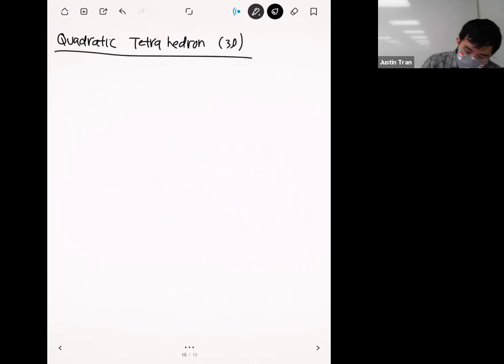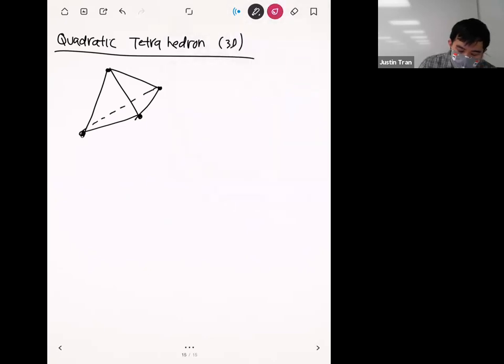Just like we've been doing for our quadratic elements, we're going to take our element shape and put additional nodes on the middle of each of the edges.